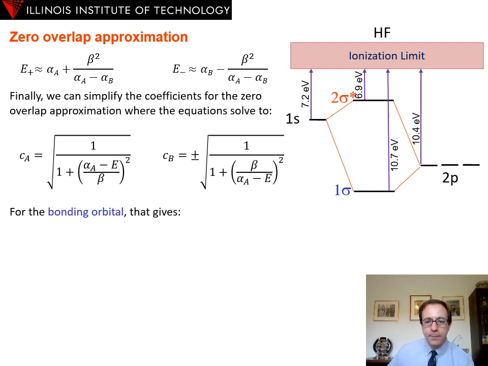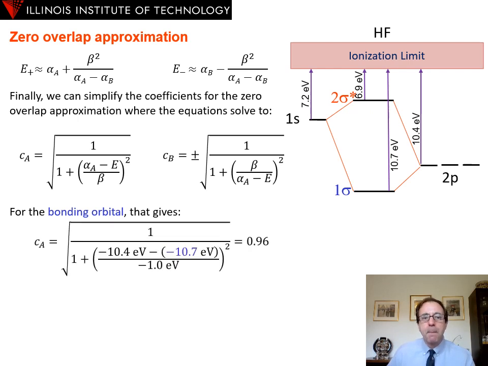For the bonding orbital, that energy is minus 10.7 electron volts. If we substitute that into the equation, the coefficient that goes along with the A wave function, the wave function for the atomic orbital A, evaluates to 0.96.